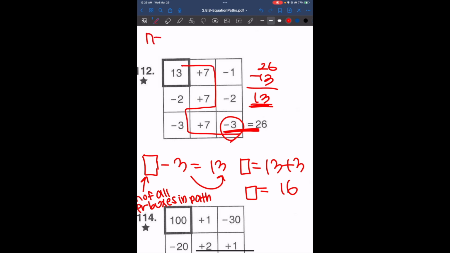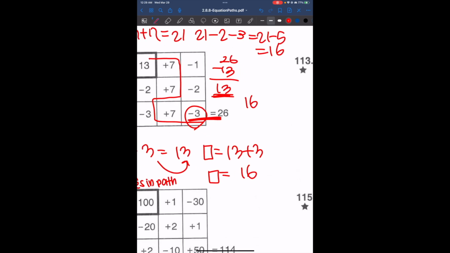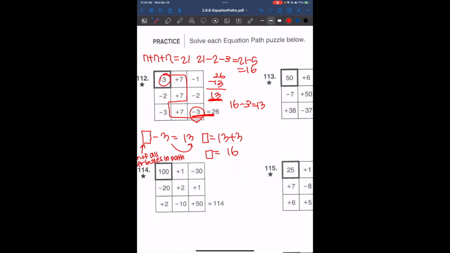So 7 plus 7 plus 7 equals 21. And then we have 21 minus 2 minus 3, which is 21 minus 5, which is 16. Right, so the box, or sum of all other numbers, is 16. And we have 16 minus 3, which is 13. And so 13 plus the path, which is 13, is 26. And so this was the path that we should take.